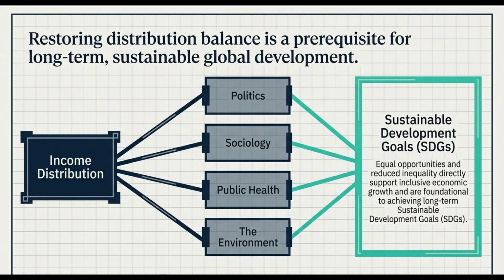So, therefore, income inequality is not only an economic issue but also a key requirement for long term global development and social progress. So, how can we attain the sustainable development goals? Providing equal opportunities and reducing inequality directly support inclusive economic growth and also these are foundational to achieve long-term sustainable development goals. Okay, so it is political, sociological, public health, and the environment. We have to combine all together. Clear?